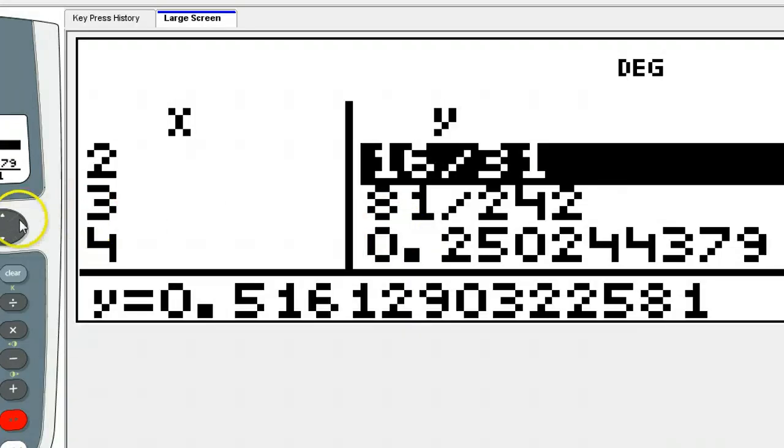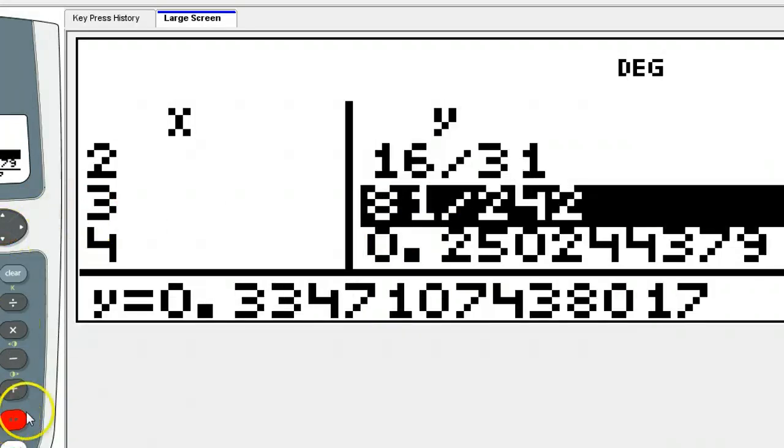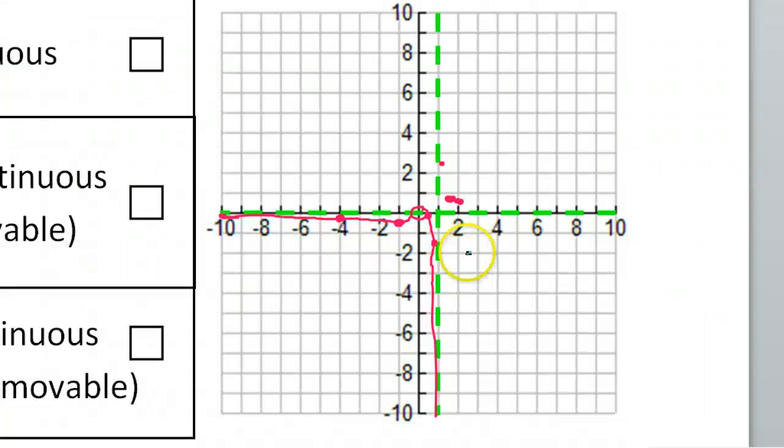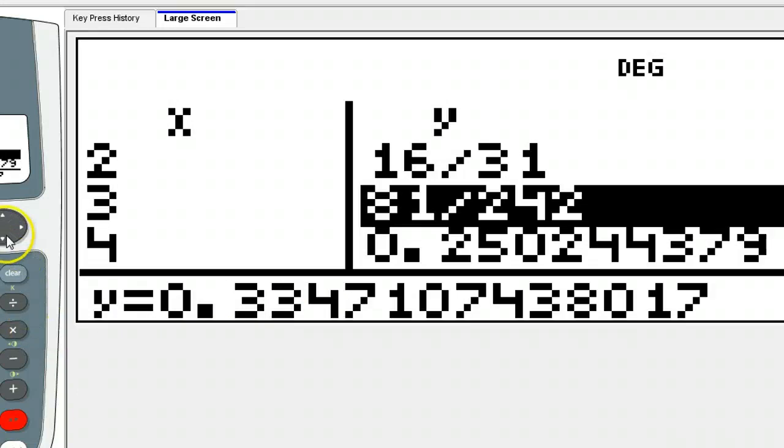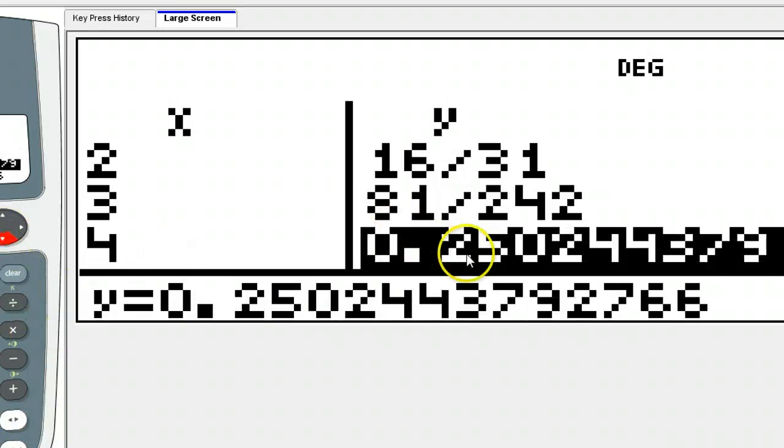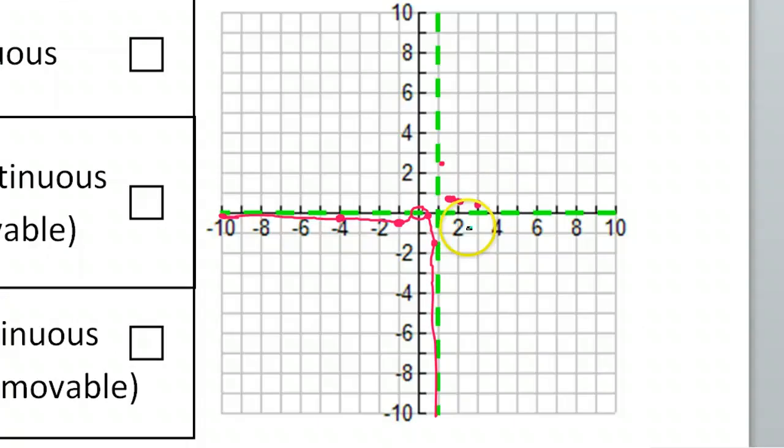At 3, I'm at 0.3. And at 4, I'm at 0.25. Okay, so clearly it's just hugging the line here. It's hard to draw well.